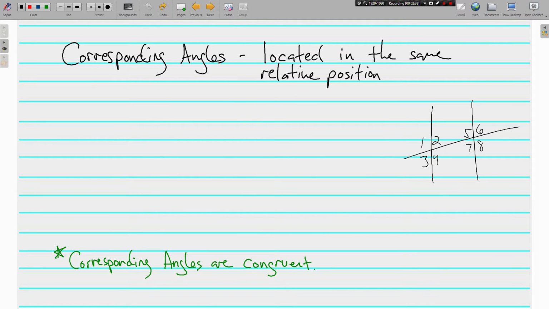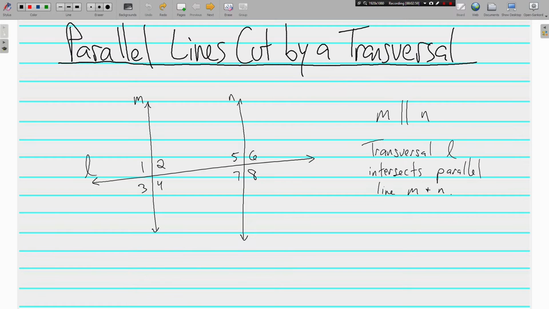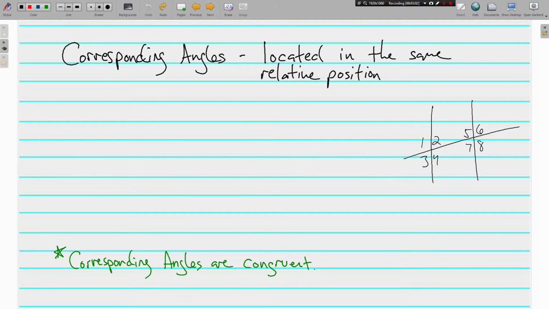Now, the first kind of relationship we want to talk about are corresponding angles. Corresponding just means that they are located in the same relative position. I've gone ahead and redrawn the diagram on this screen. Pause if you need to, or just look at the diagram that you've already drawn. They should be the same or pretty close to it. So what angles are located in the same relative position?